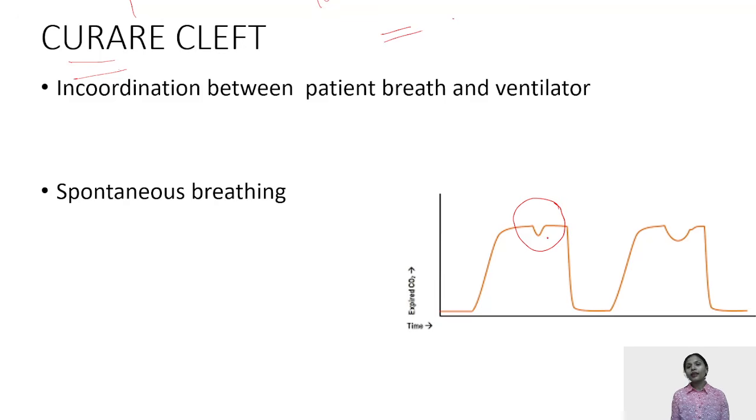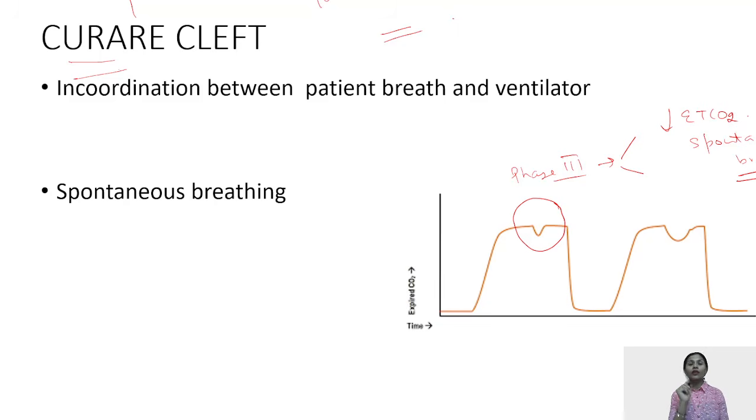So this curare cleft that generally comes in the later part of your phase 3 is suggestive of two things. One, there is an incoordination between the patient's breath and the ventilator which is delivering the breath. And secondly, EtCO2 has decreased because of spontaneous breathing by the patient.